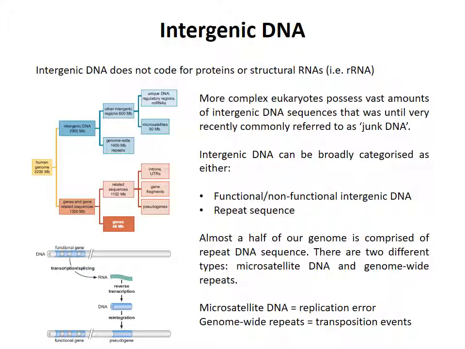So if you recall, one of the other areas that was really prevalent in more complex organisms and their genomes was so-called intergenic DNA. So intergenic DNA doesn't code for proteins or structural RNAs at all. It's the information found between genes, if you like. And again, more complex eukaryotes seem to possess much more of this intergenic DNA sequence.